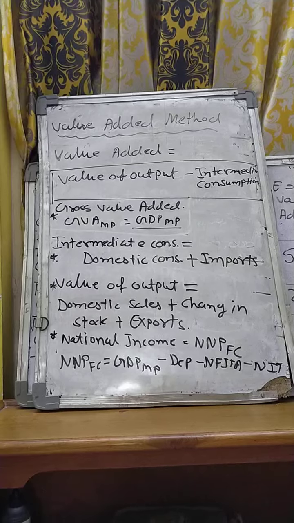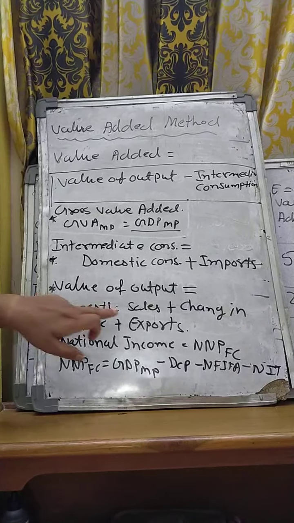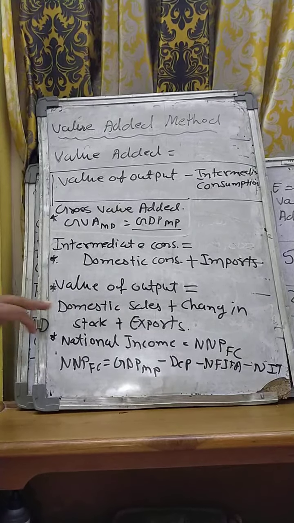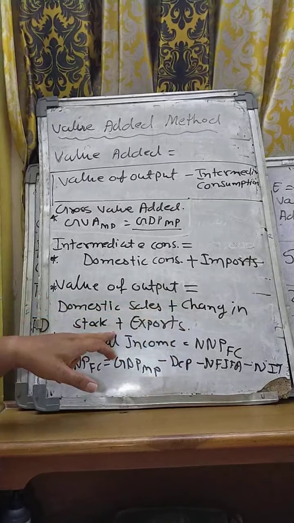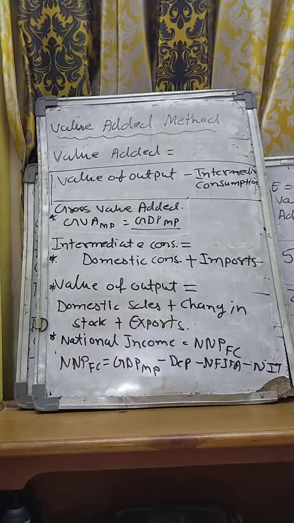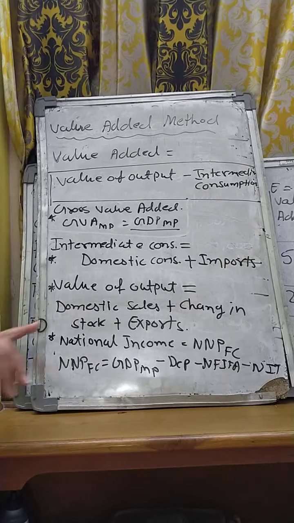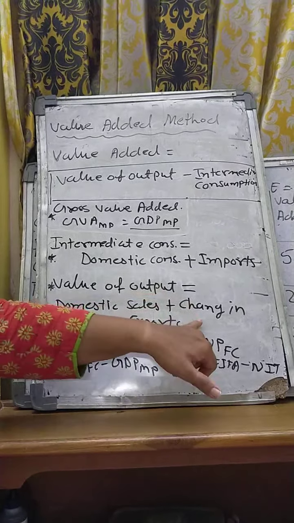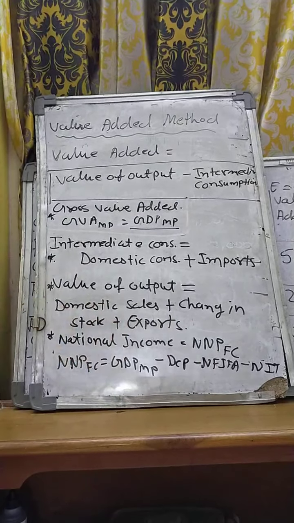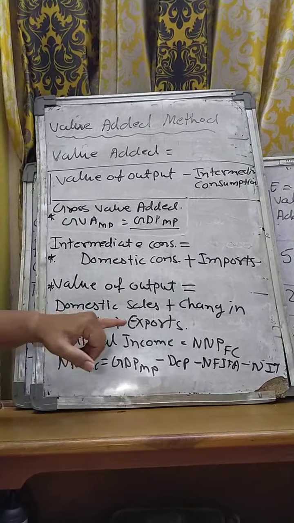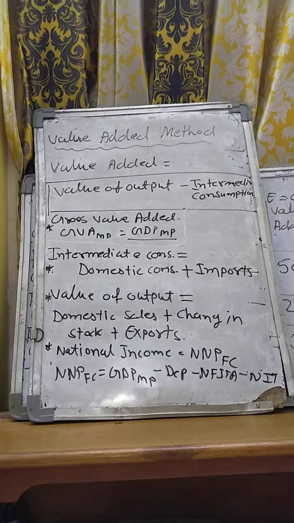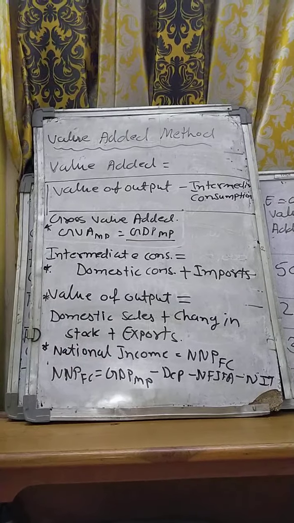Domestic sales plus change in stock plus export. Change in stock, you all know, is opening minus closing. Export is also included because we are talking not only about the domestic but the national product.